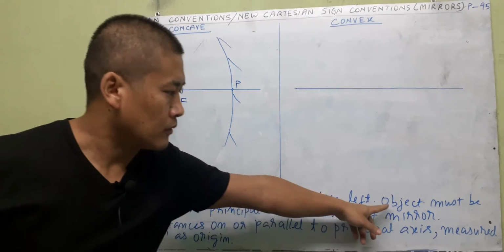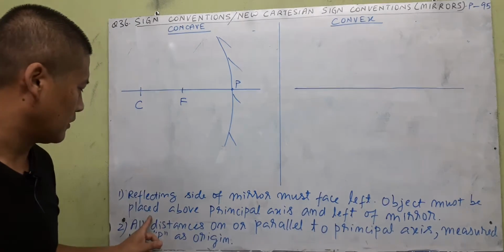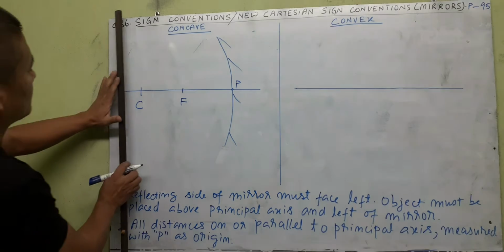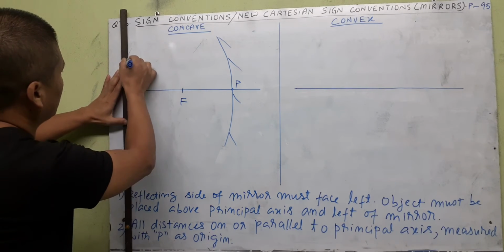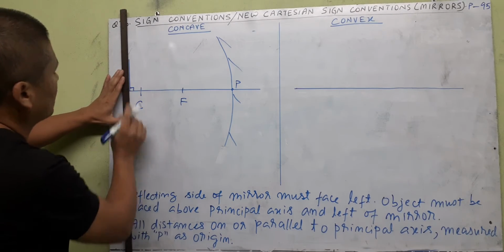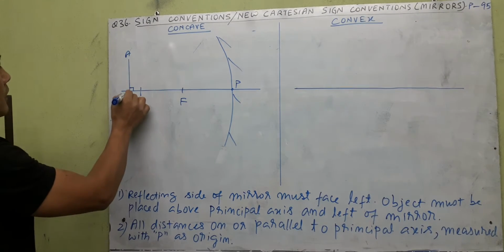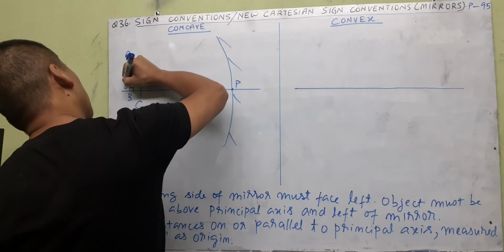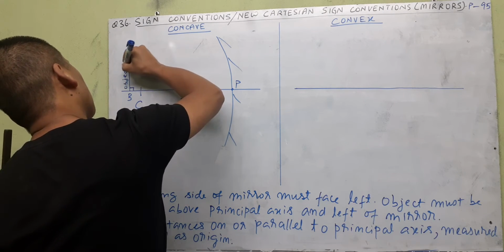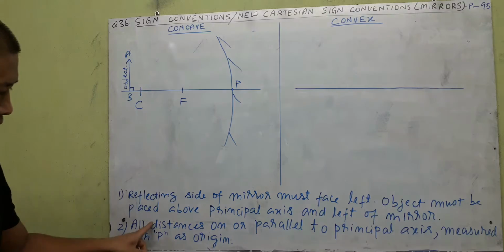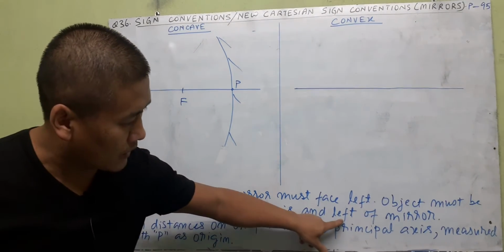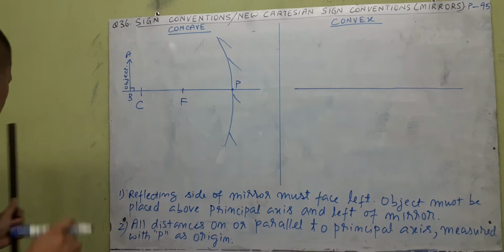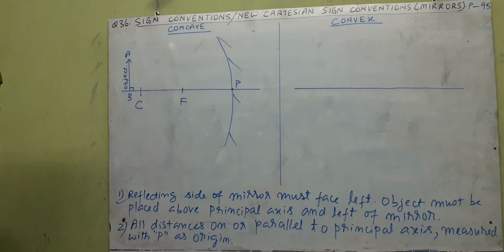Because of this, the object must be placed perpendicular and above the principal axis, on the left side of the mirror. See, the object is on the left side. That is the first sign convention.